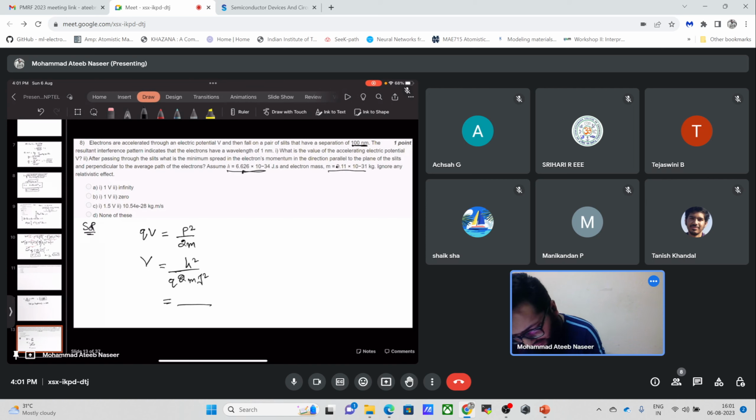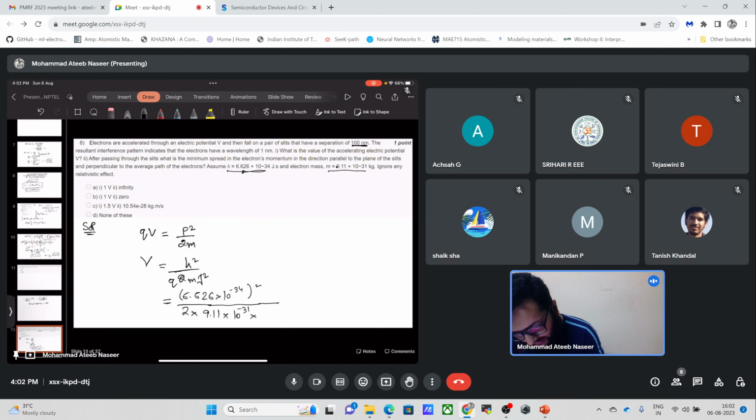This would be simply (6.626 × 10^-34)² divided by 2 times the mass, 9.11 × 10^-31, times lambda squared.